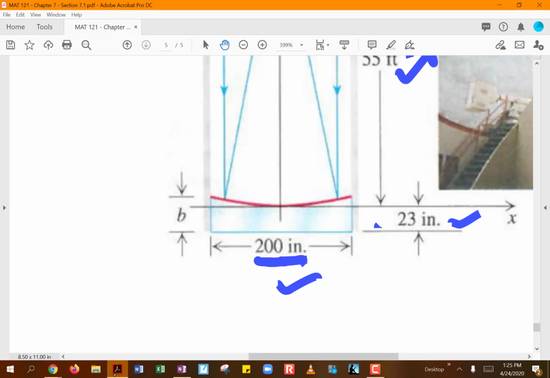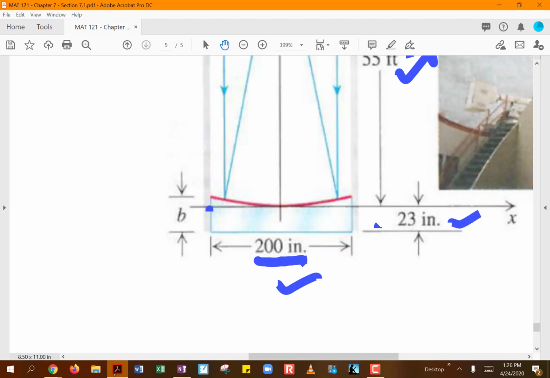So if you think about this thickness here, just this thickness, is going to be 23 inches, right? Okay, so this thickness is 23 inches.